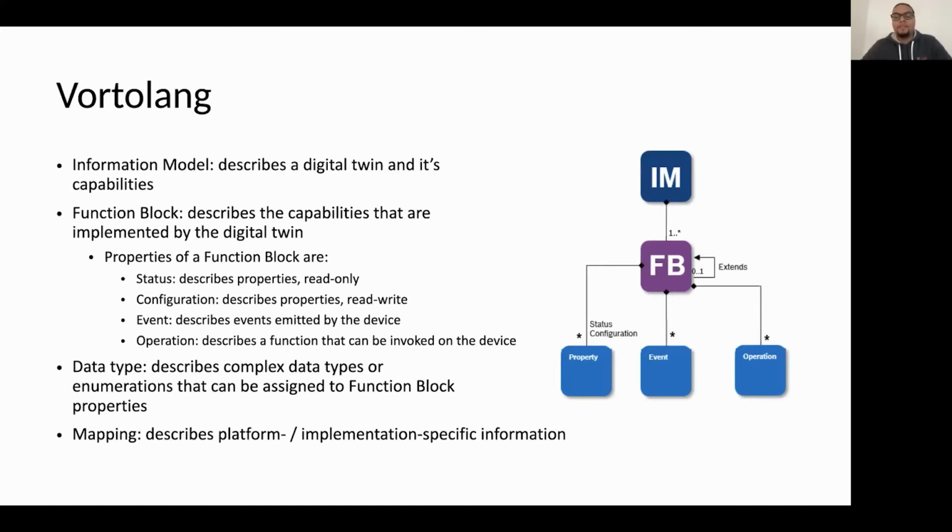This can be useful when you want to have something that is very specific for your own platform, but you want to keep the models, so the function blocks that you're writing, as generic as possible, so they are reusable. So then you can use mappings to add the platform specific information and combine them through the APIs that the Vorto repository offers, while keeping the models generic at the same time.